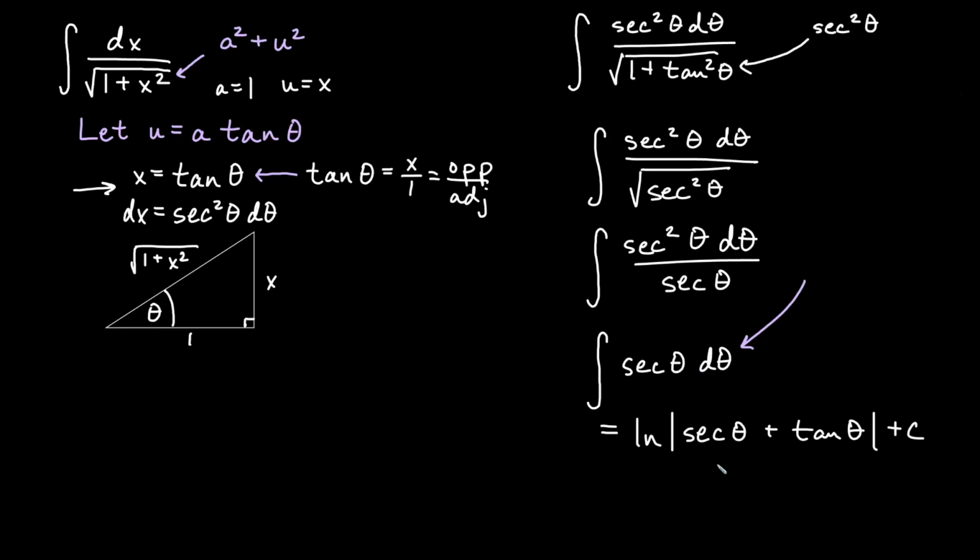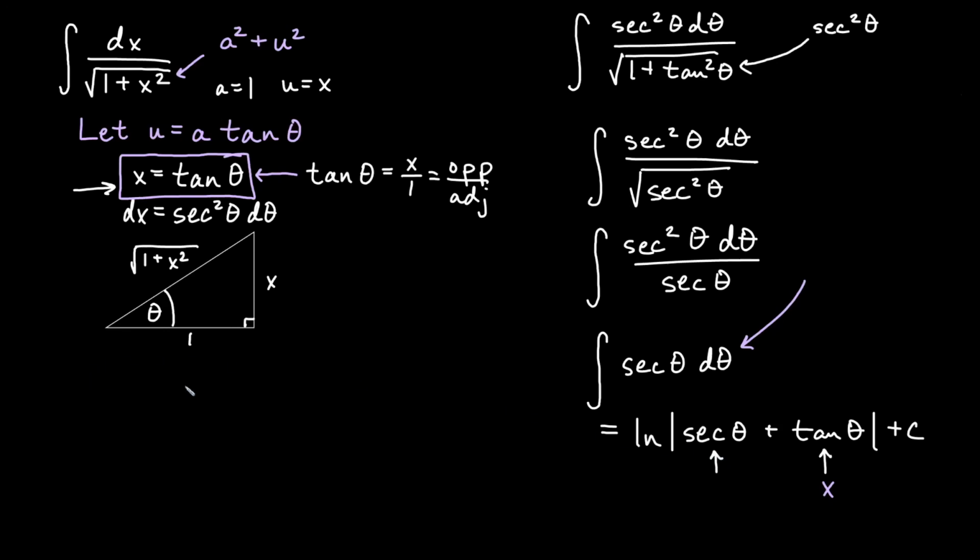So you will have to make a decision each time you use trig substitution. Okay, now I need to replace my secant of theta and my tangent of theta and get everything back in terms of x. A nice thing that we already had, if you'll notice up here, is that tan theta was equal to x, so I already know what tangent of theta is. So this is simply going to be an x there that replaces tan theta to get us back to the original variable.